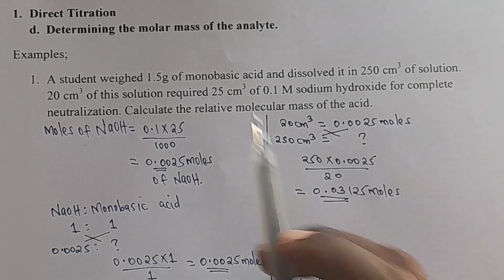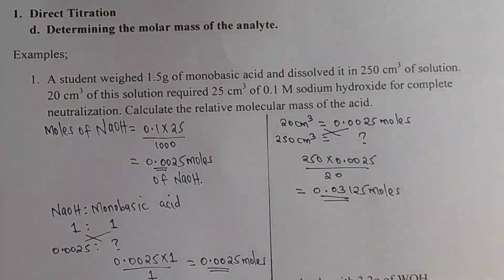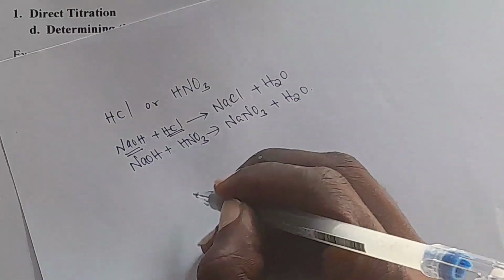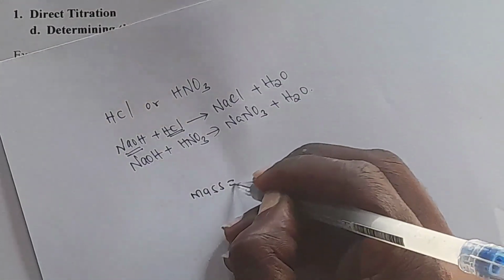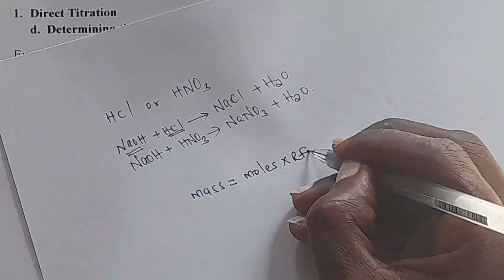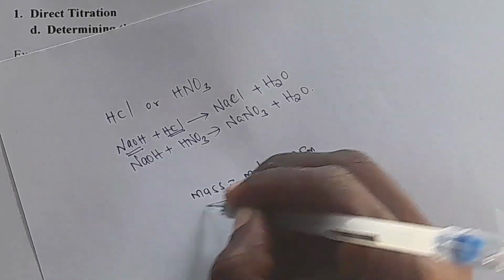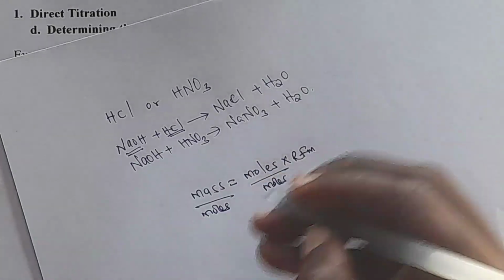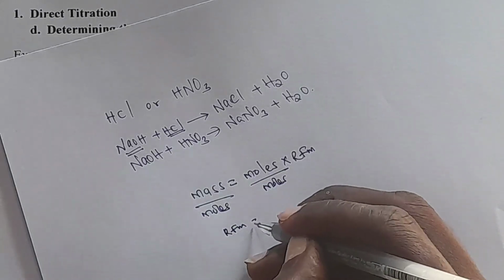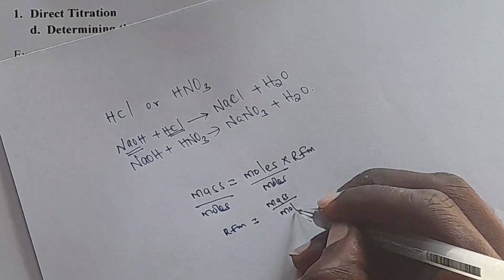Therefore, we can now get the relative molecular mass, because remember, we have a formula: mass is equal to moles times RFM. If we want to get RFM, we divide by moles. So the formula for obtaining RFM is mass over moles.